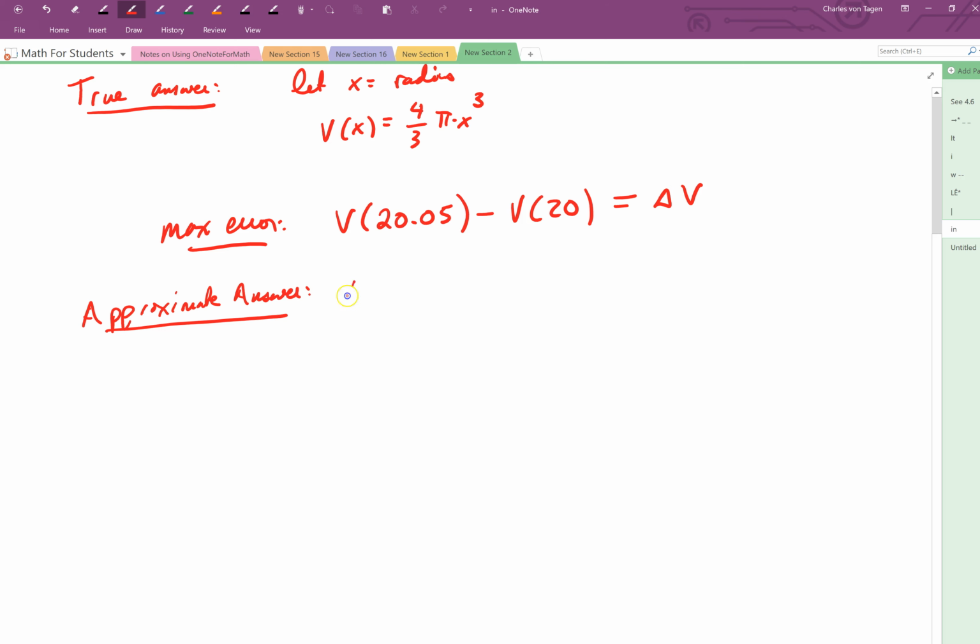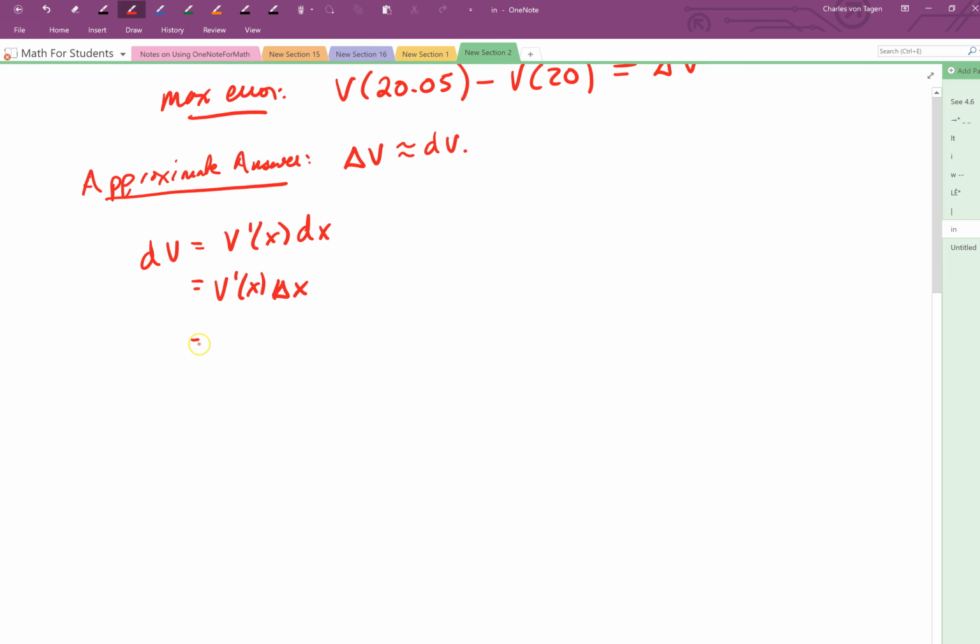But we're going to say that delta V can be approximated by differential V, which is V prime of x times differential x, which we just say is the same thing as delta x. So we're going to calculate V prime of 20 and multiply it by the max error, which is 0.05.